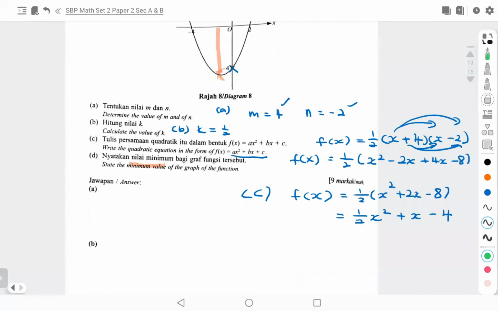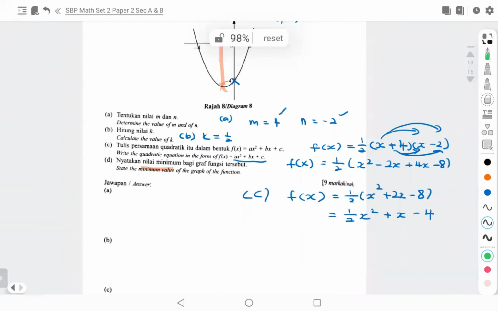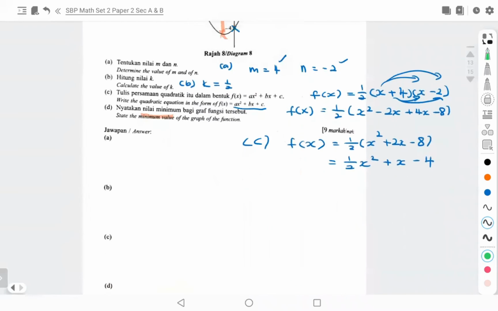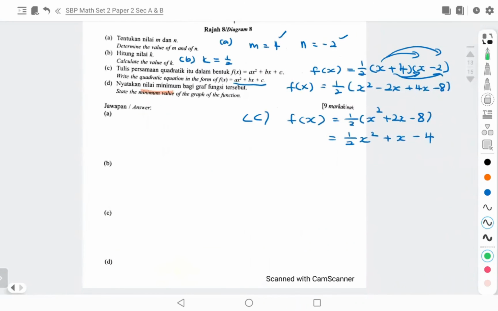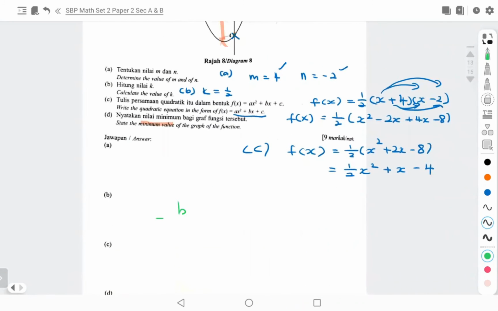No, -4 is not the minimum point. Very close, but positive actually. That's the formula to find the minimum value. You can write down negative b over 2a. Actually, this one is the symmetry.